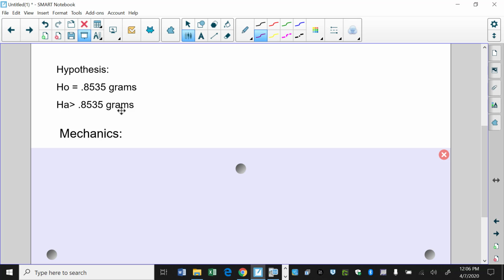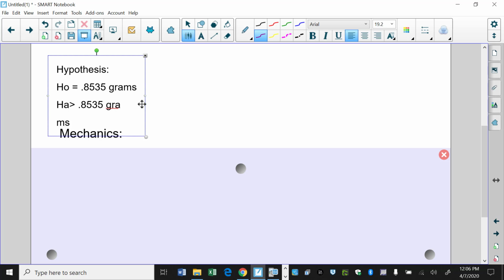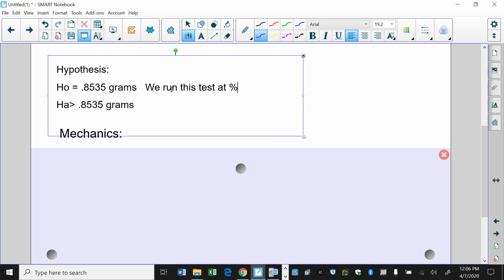And then over here, again, just indicate what type of test you're running. So you might want to include something like that. Okay, we were running the test at a 5% significance.